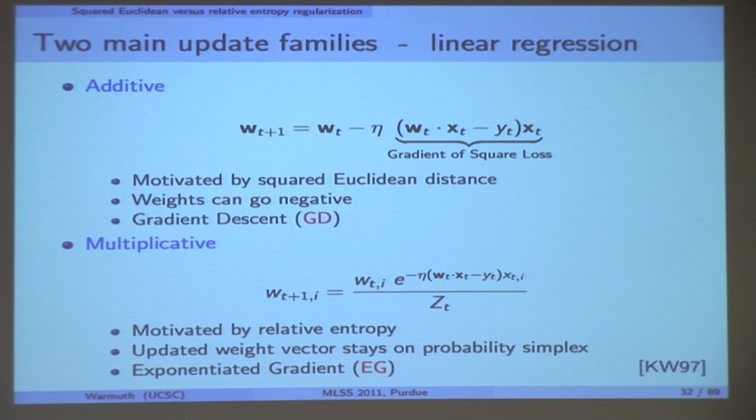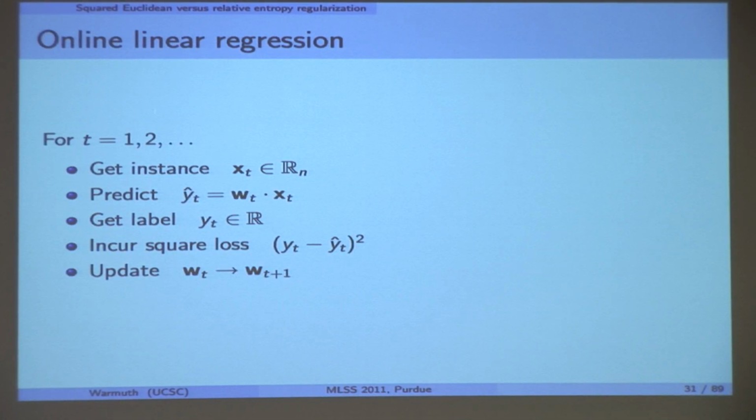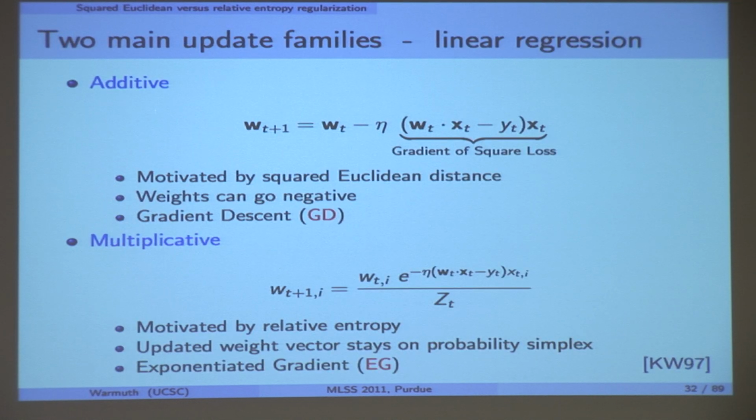So you see, look here, I had this as my loss, with w dot x. This was my loss, the square loss. If I take the derivative with respect to w, then I get this. Do you see what I'm saying? I'll show you in a moment how to derive it. That's the derivative of that square loss.